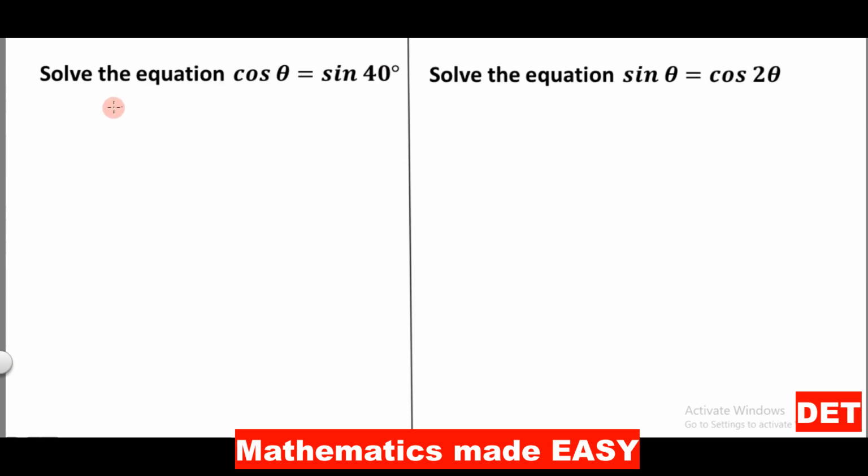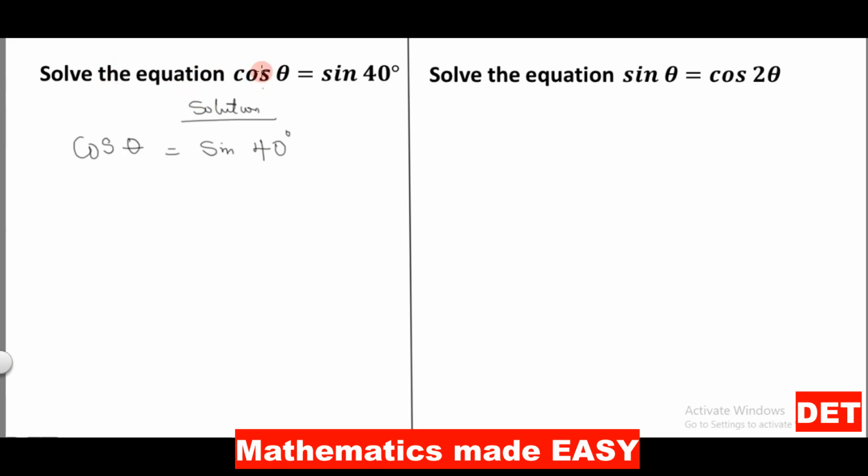Alright, so here we're going to look at two questions. The first question I have here is to solve the equation cos theta is equal to sine 40. So what I'm actually looking for here is the value of theta.